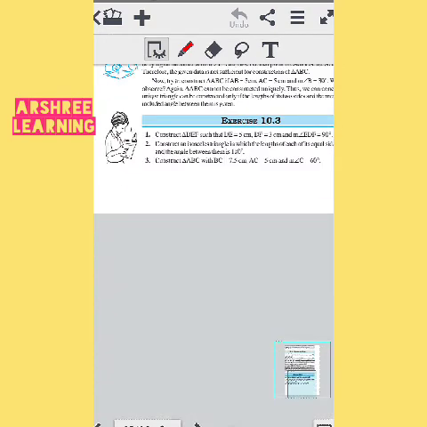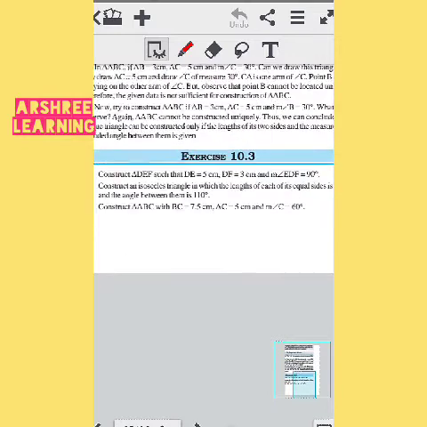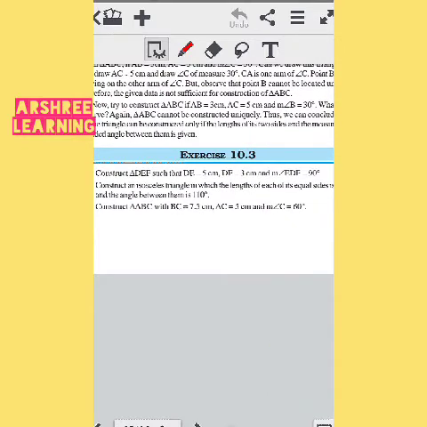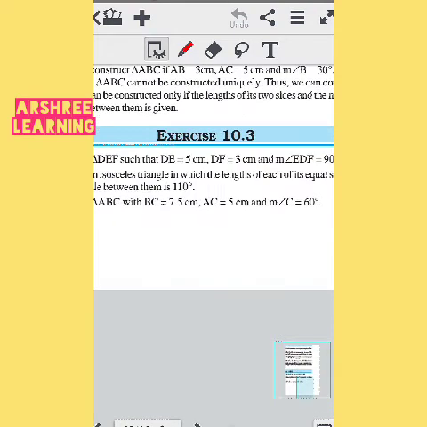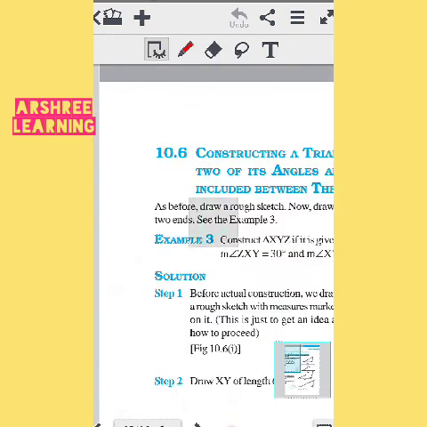After that, exercise 10.3. Now here also you have to construct a triangle. You have to construct a triangle DEF where two sides are given and one angle is given, 90 degree. So the construction of a triangle is possible when two sides and one angle are given.